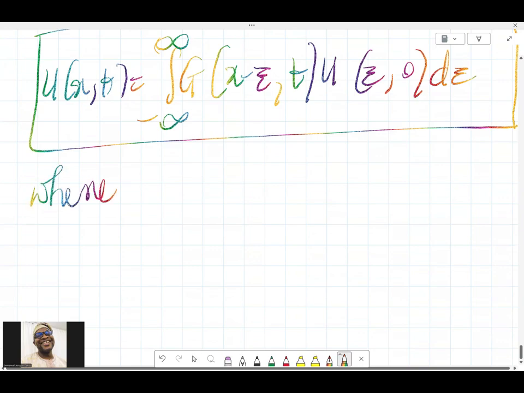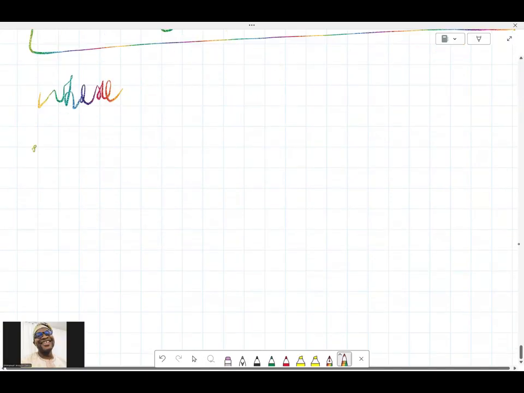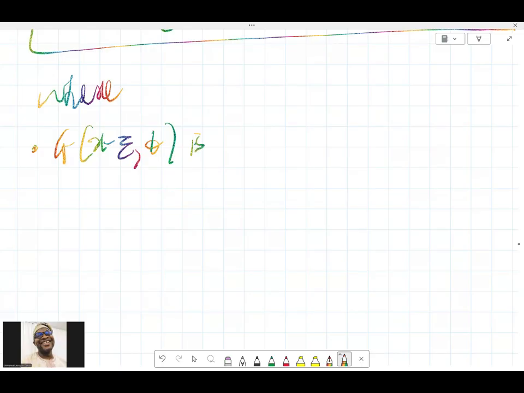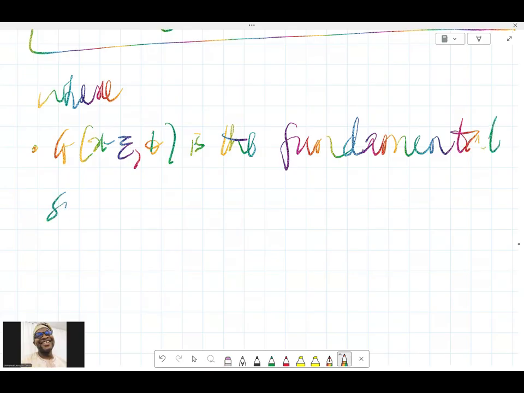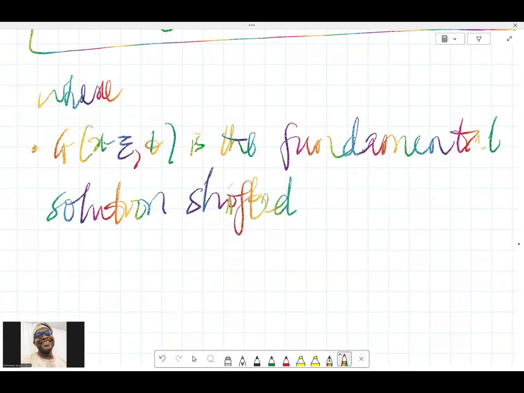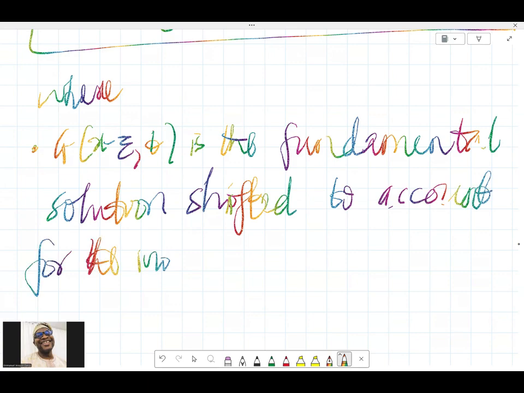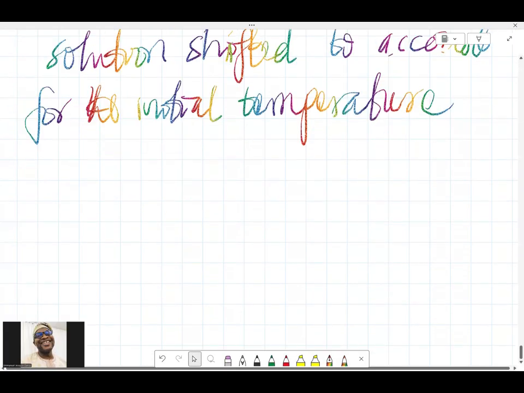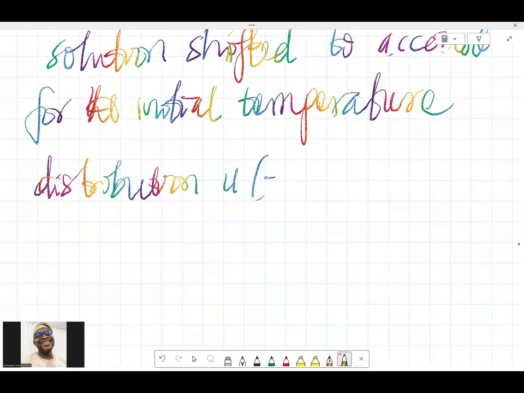where g of x minus psi comma t is the fundamental solution shifted to account for the initial temperature distribution u of psi comma 0.